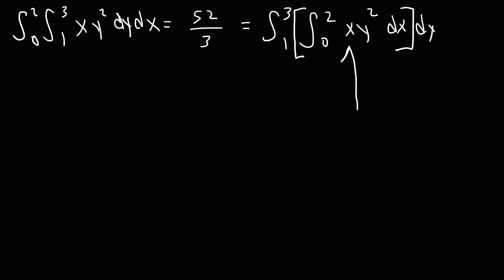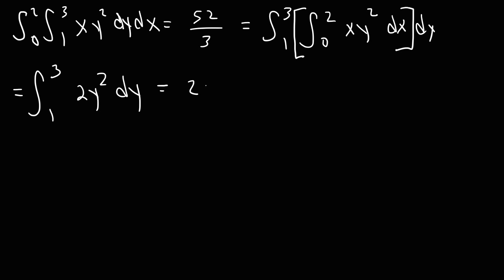So let's replace this expression with 2y squared. So this is going to be the integral from 1 to 3 of 2y squared dy. The antiderivative of y squared is y to the third divided by 3. And now let's evaluate it from 1 to 3.